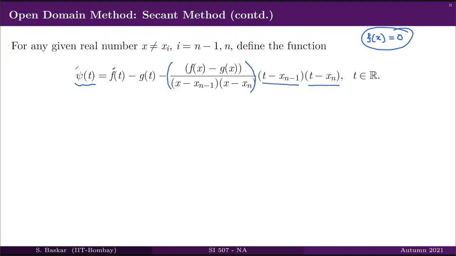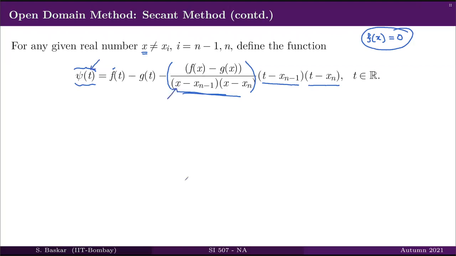So that is the way our function psi is defined, where x is some number fixed in such a way that x is not equal to x_n as well as x_{n-1}. Otherwise, this denominator will create problems, right? Here, t is a variable and x is just a fixed parameter.